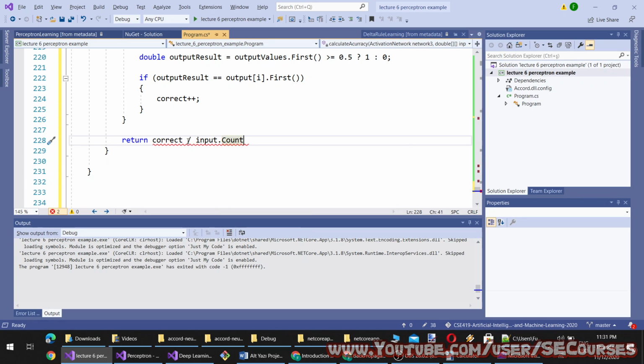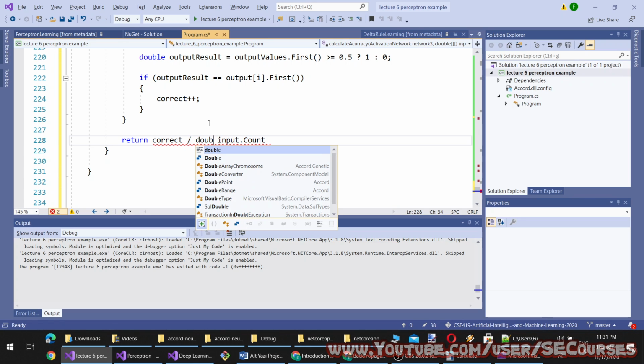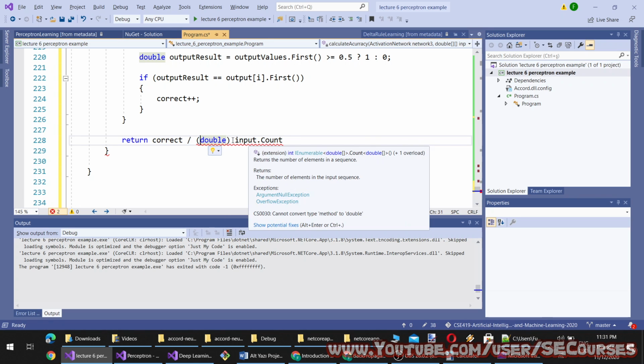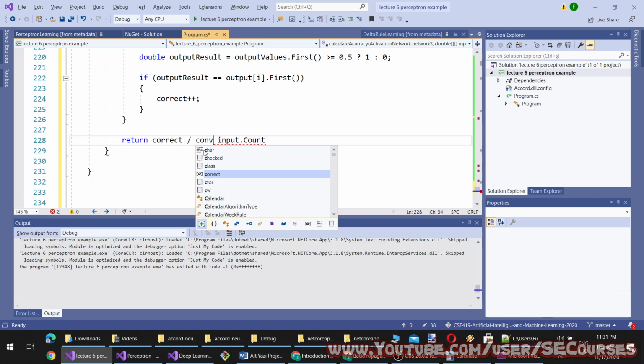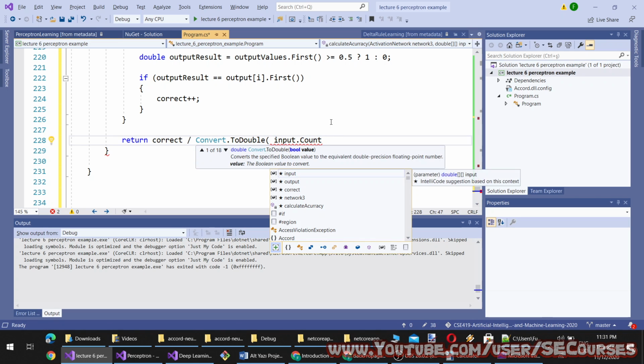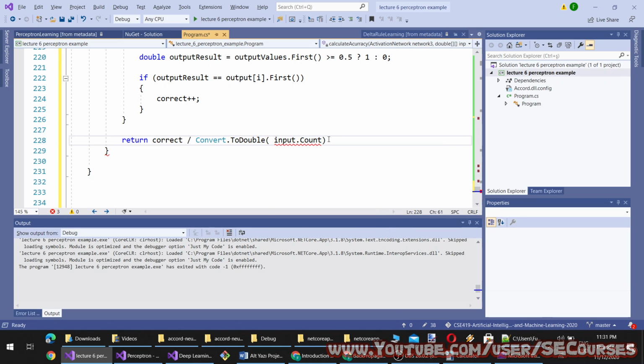I'm going to set this as a double. Okay. Or let's just say convert to double. Double times 100 to string.